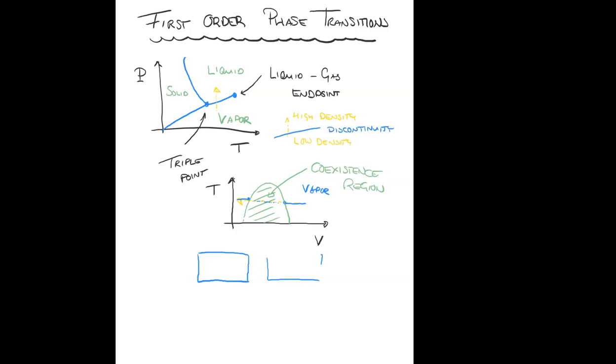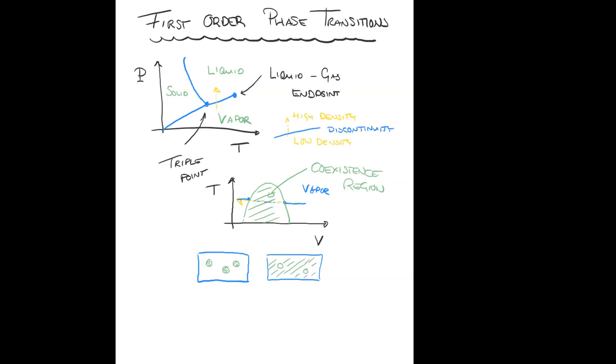If you come from the low density side, then what appears are bubbles of the high density phase. And at the other end, what you get is bubbles of the low density phase inside the high density phase.